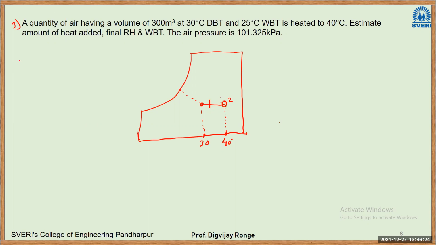Okay, so I will write down what is given in this case. The volume given is 300 meter cube. TD1 is given as 30 degrees Celsius. Whenever I want to write down wet bulb temperature, I will write TW. TW1 is 25 degrees Celsius. Now it is heated to 40 degrees Celsius, so that is TD2, which is 40 degrees Celsius. Estimate the amount of heat added and RH and WBT.